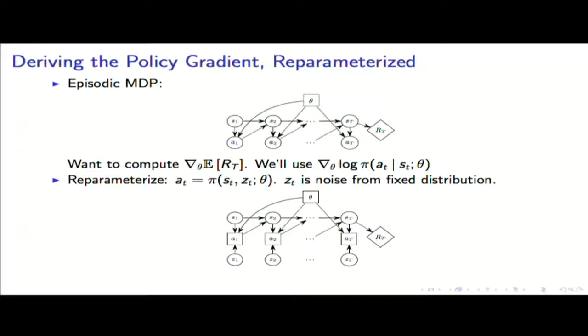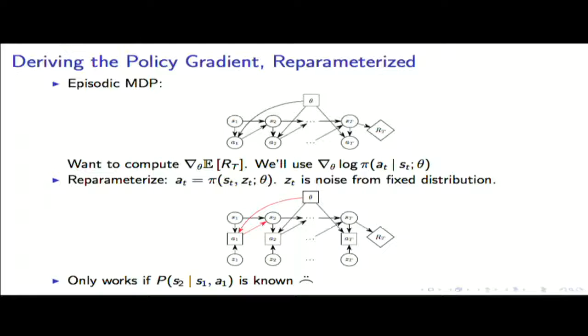Now I've redrawn the graph a little bit. Circles mean random variables that are sampled from some probability distribution, and squares mean deterministic functions of their parents. So now this is the new graph. And if we perturb theta, that's going to change the action. So we're considering this to be a deterministic function.